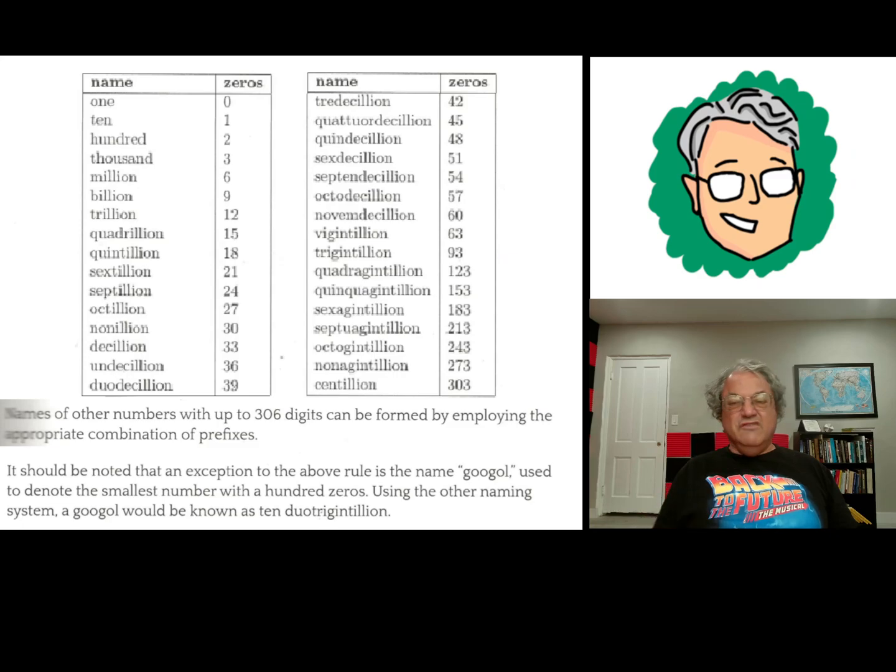There's two kind of famous notations for unimaginably large numbers. One of them is due to, who was it? Really famous, Donald Knuth. Donald Knuth came up with arrow notation, which is used to represent Graham's number, an unimaginably large number. I'm not even going to try to describe it.